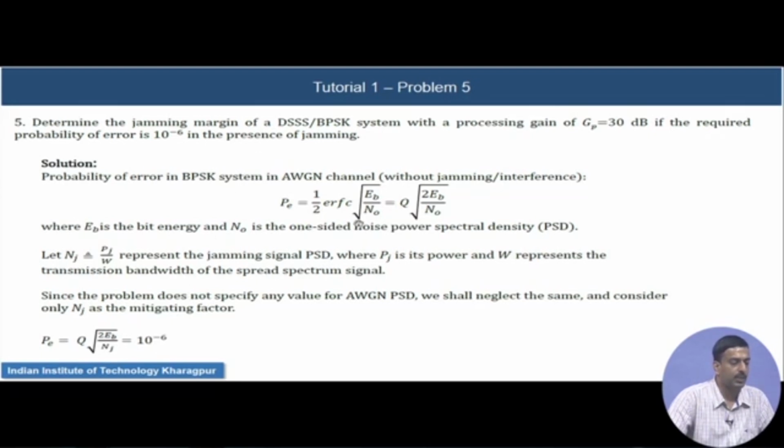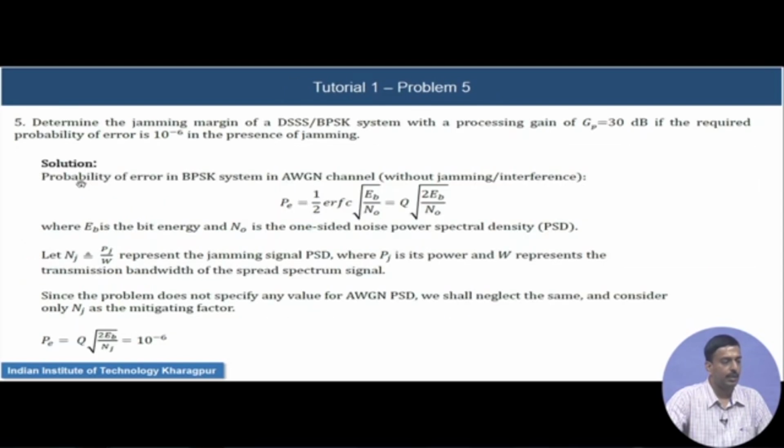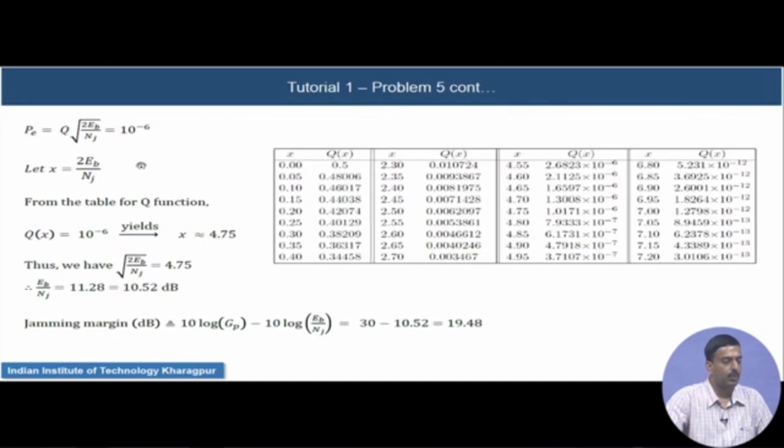Since N_0, which is the noise power spectral density in this AWGN channel, is not specified, we will neglect it and consider instead N_J as the mitigating factor, which is the power spectral density of the jammer. So we merely replace N_0 by N_J, because N_0 is not specified, whereas we are in a position to calculate this N_J once we can map this probability of error to the Q function table.